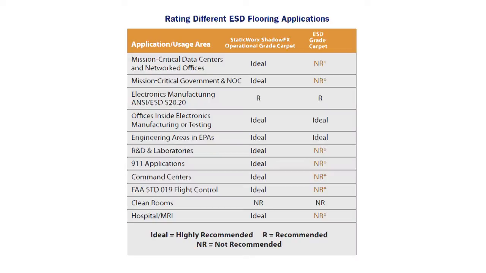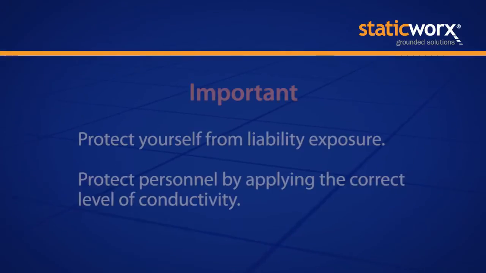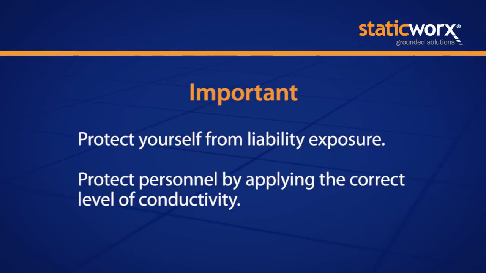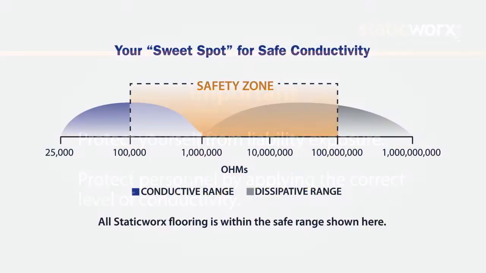That resistive network prevents grounding from occurring at such a rapid rate that you're going to find yourself potentially in a circuit where you're tied too closely to ground. Not only does a static control floor have to reduce static electricity and look good, but it also has to be safe.